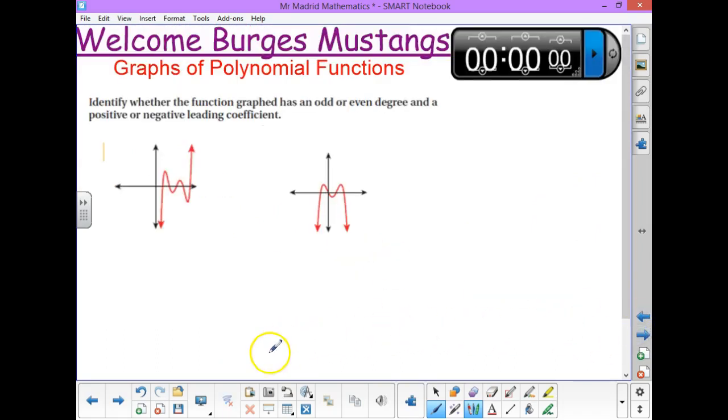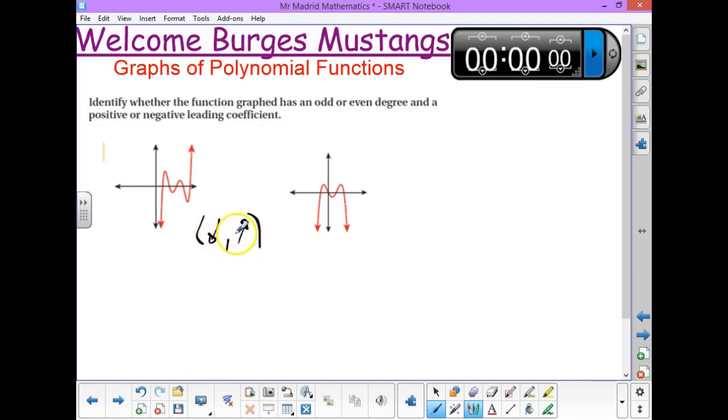The second thing you'll be doing is identifying whether the function graph has an odd or even degree and a positive or negative leading coefficient. It looks pretty tough, but with the system that we just gave you, it's going to be very helpful. Look at the end behavior of this one. This arrow is heading in this direction, and this one is heading in that direction.